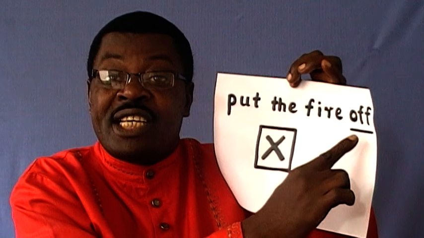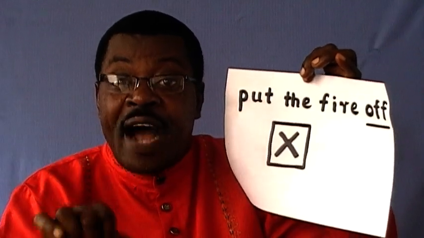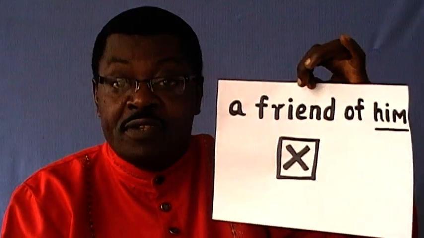If you mean to stop fire from burning, to extinguish fire, please don't say to put the fire off. Don't use the preposition off. You use out. To put the fire out. Clear? Good.